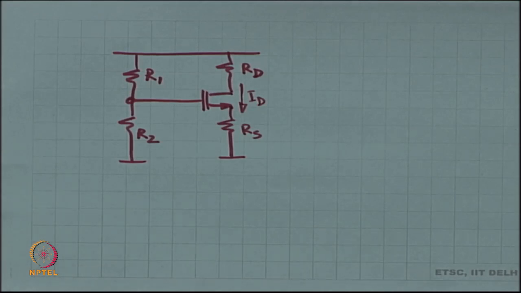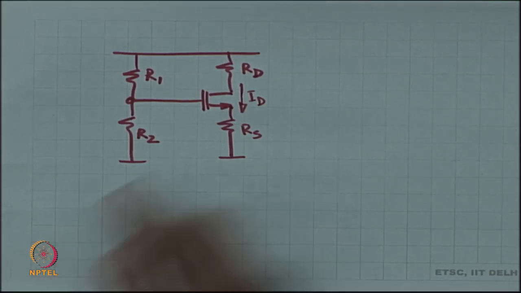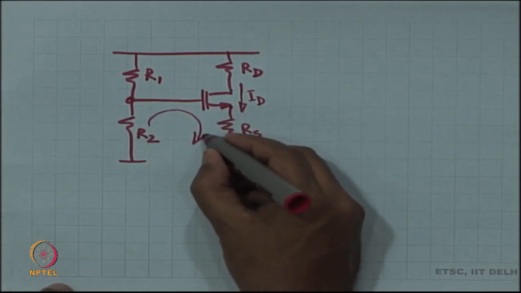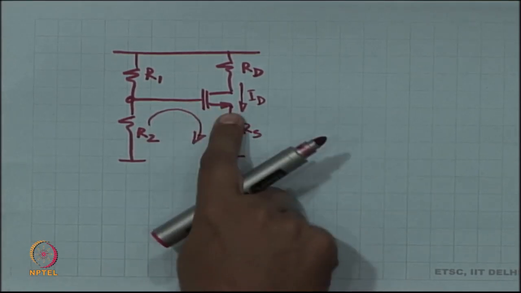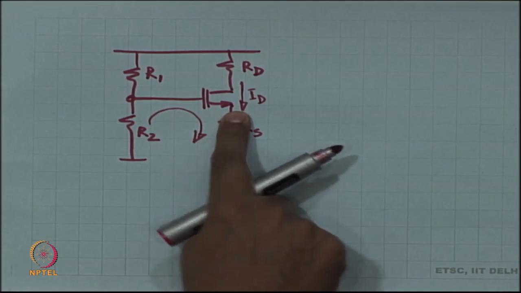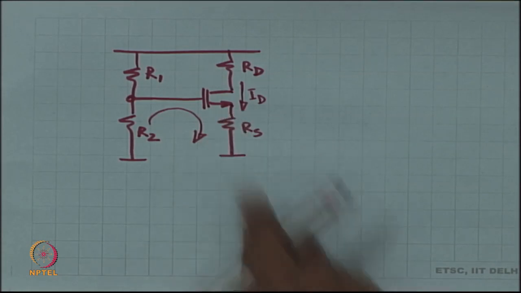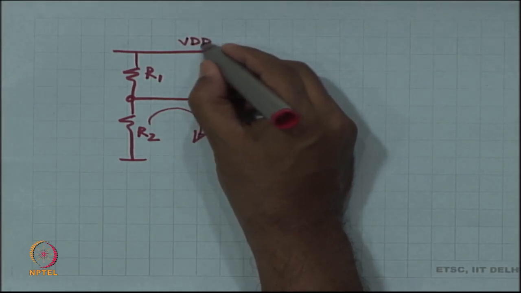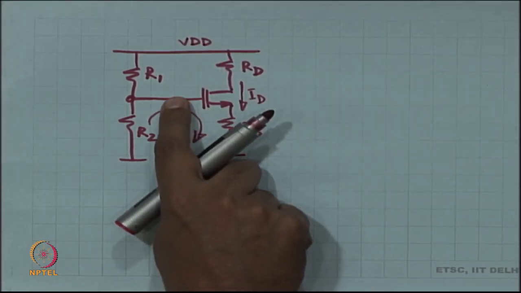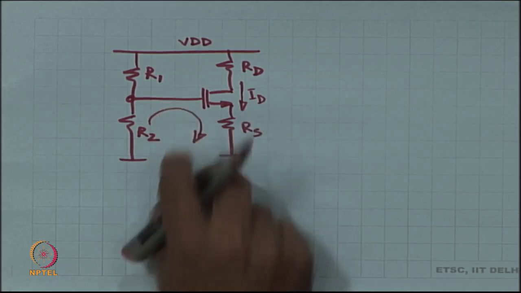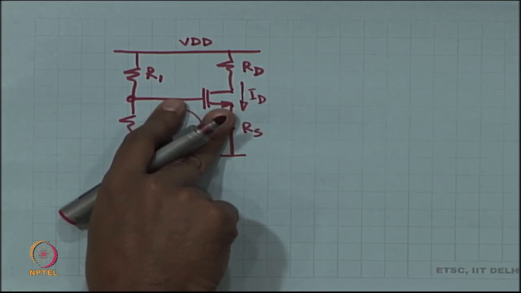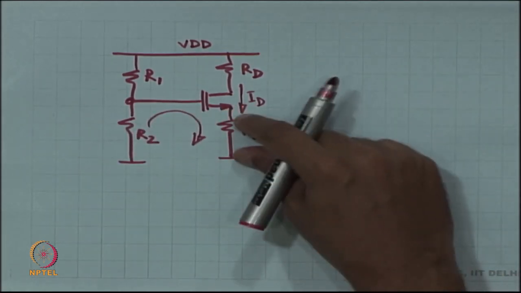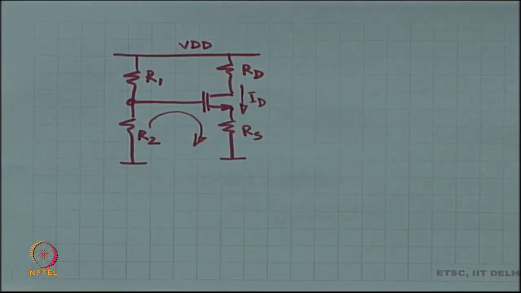Okay. ID came out of some quadratic. You basically did a loop here: VGS is VGST plus VT, R1, R2, this was VDD times R2 by R1 plus R2, and then this drop was VGST plus VT, and this is ID times RS.